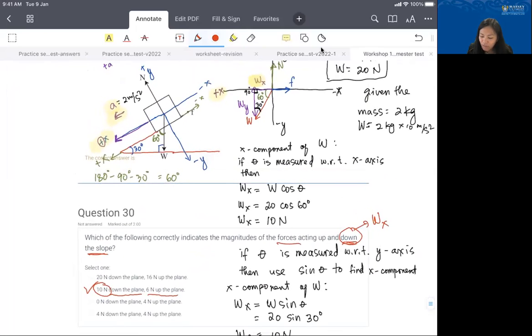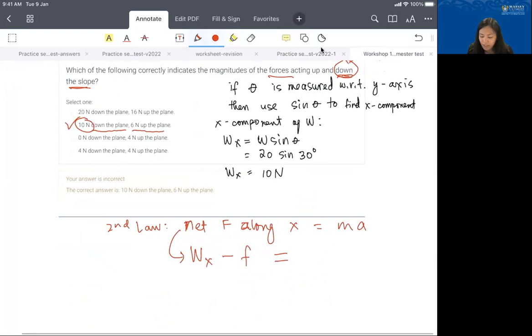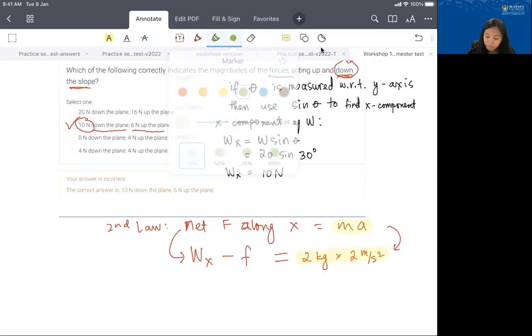The mass was given to be 2 kilograms and the acceleration was given to be 2 meters per second squared. So we can actually solve the right-hand side of Newton's second law of motion. That's 2 kilograms times 2 meters per second squared. I'll put the units because they're both 2 to avoid confusion. So this whole thing is the right-hand side, and this whole thing is the left-hand side.